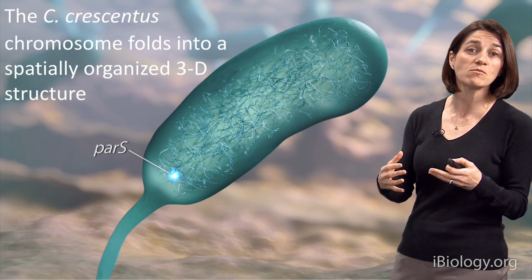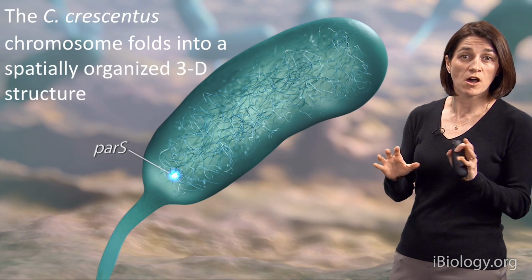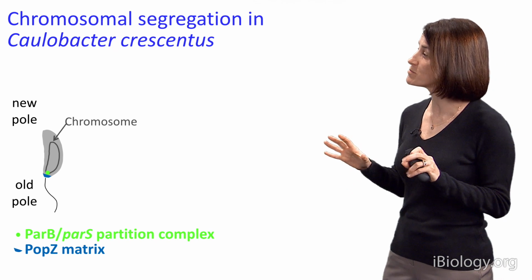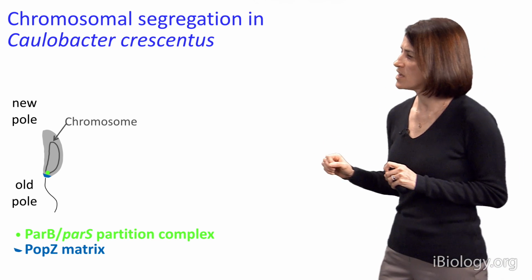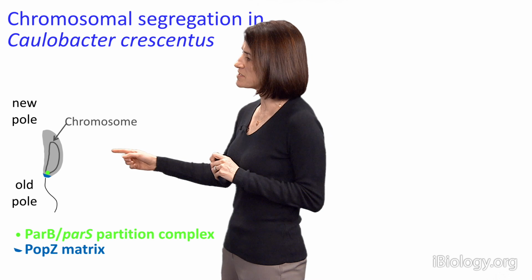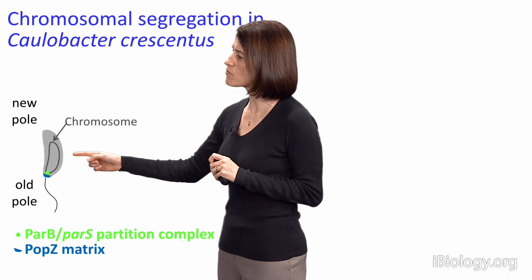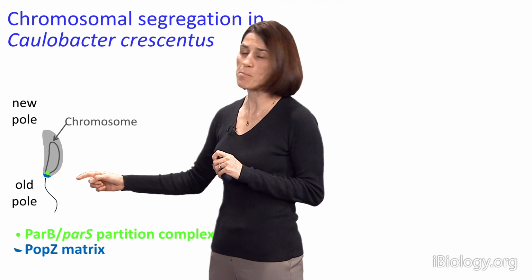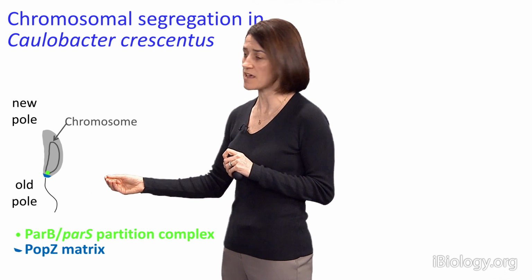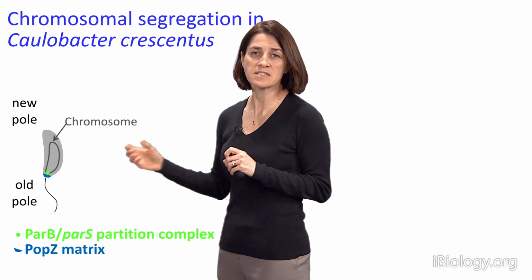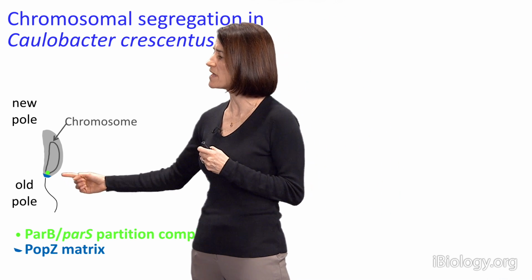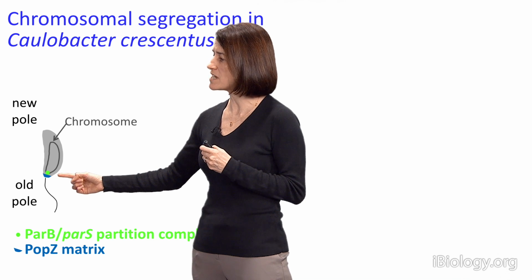So now to explain what happens during chromosome segregation, I just want to show you some more rudimentary schematics. In the schematic, for the sake of simplicity, I drew the chromosome just as this gray line. And again, the parS sequence is located at the old pole. And since ParB is going to bind to this parS sequence, it's going to form the partition complex that is shown here in green.